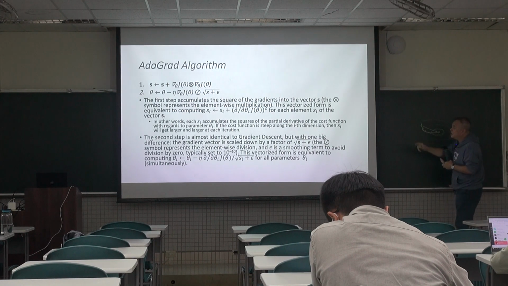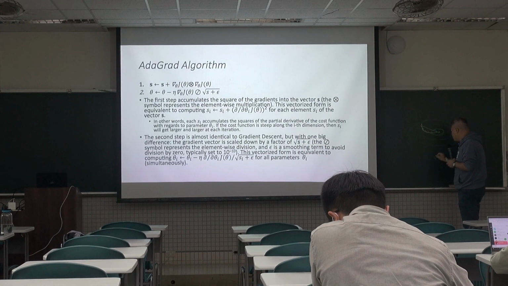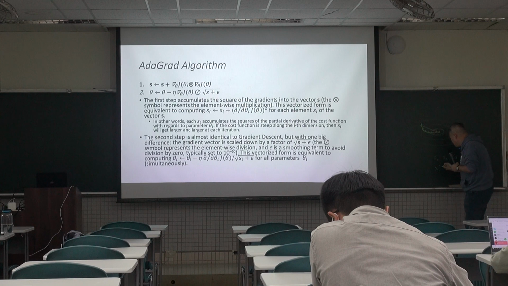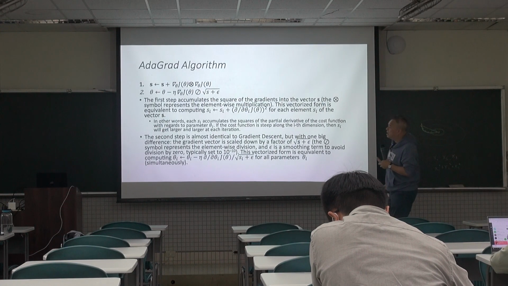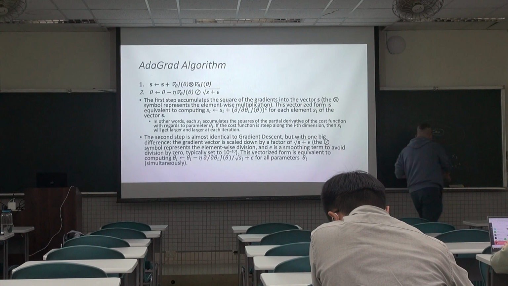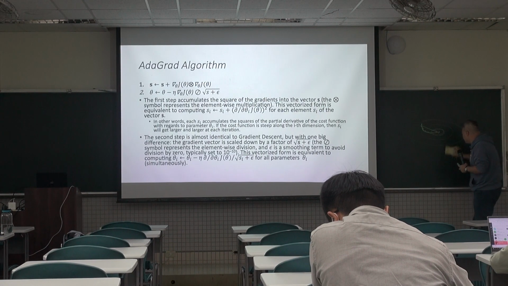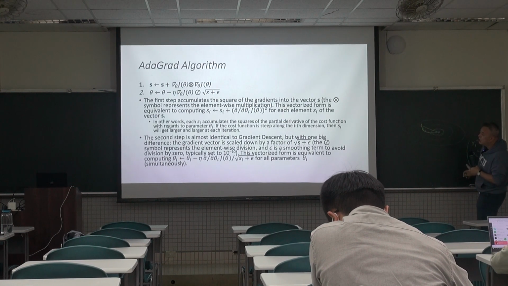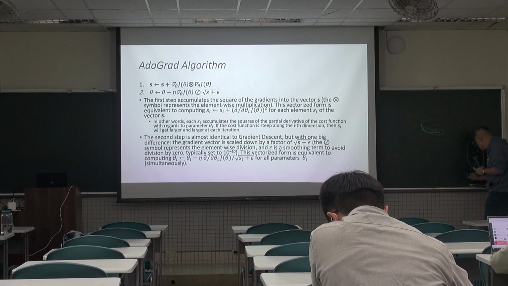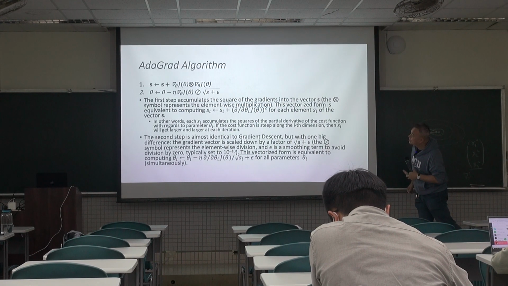If the gradient vector is x1, x2, x3, then what we get is x1 squared, x2 squared, x3 squared. Sorry, let me take that back.